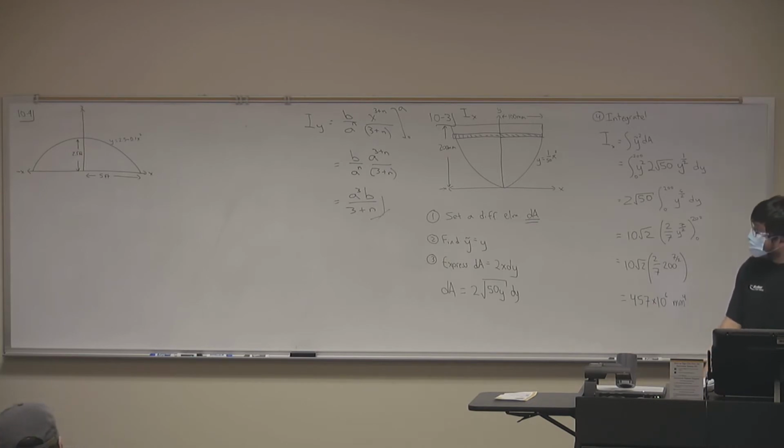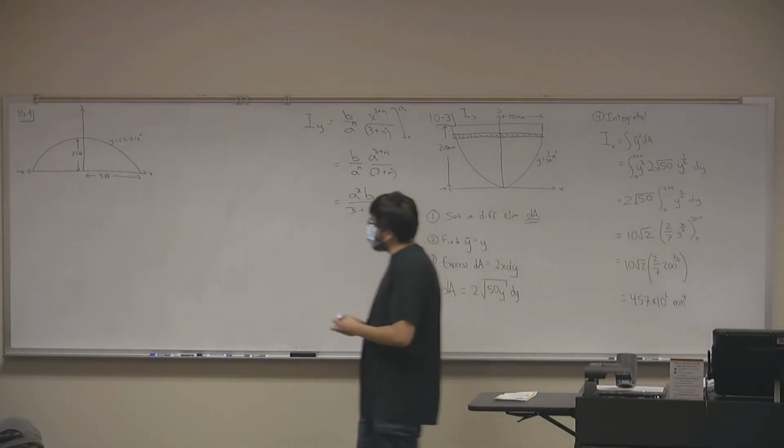But if we want to force ourselves to use an element with thickness dx, then we're going to have to maybe apply some of the other things we've learned in class, okay? So let's go ahead and solve this problem. All right.